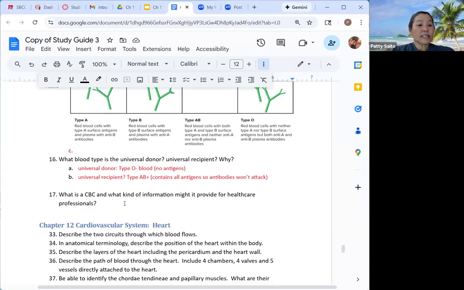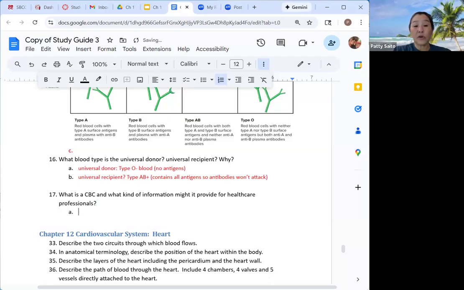Okay. What is a CBC and what kind of information might it provide for healthcare professionals? So this is what you're going to see. You're going to see the tests that are done, and one of them will be the CBC. They take blood for everybody, so they do CBCs on everybody.